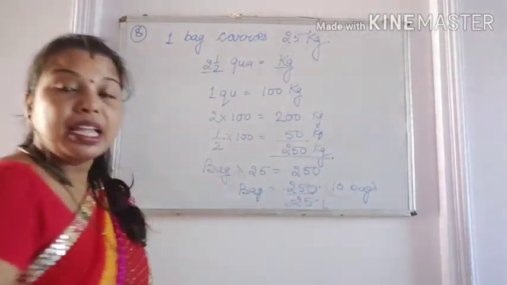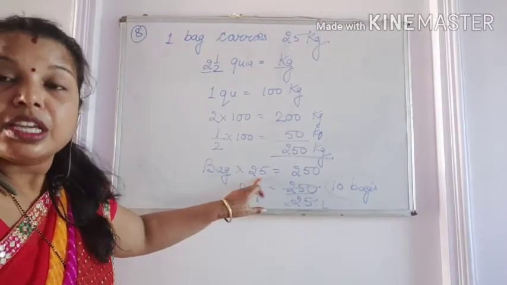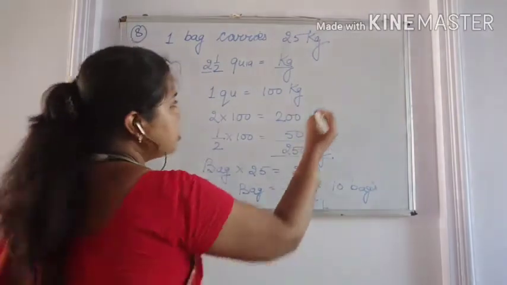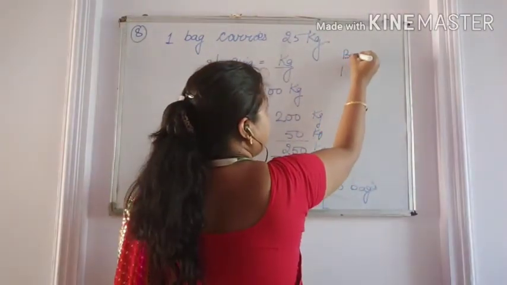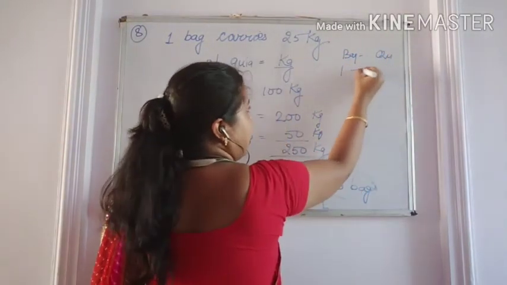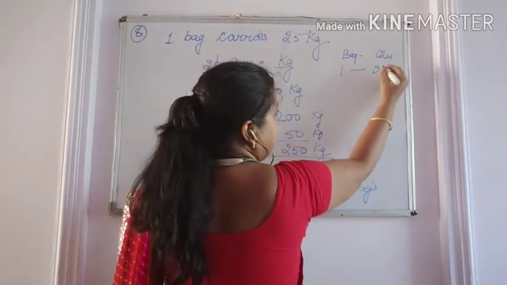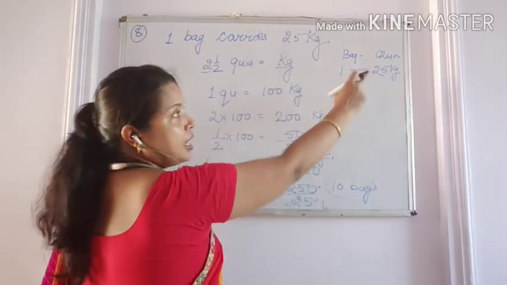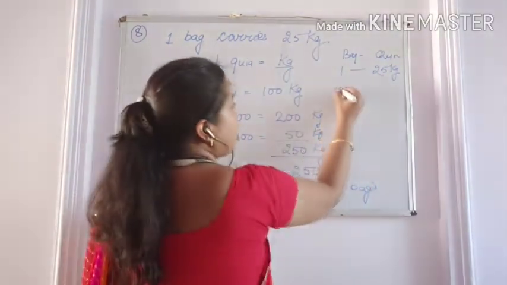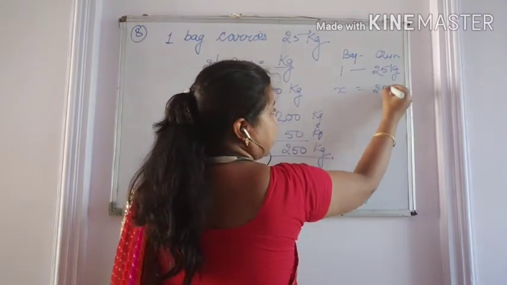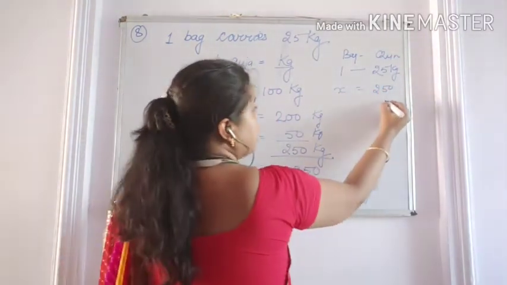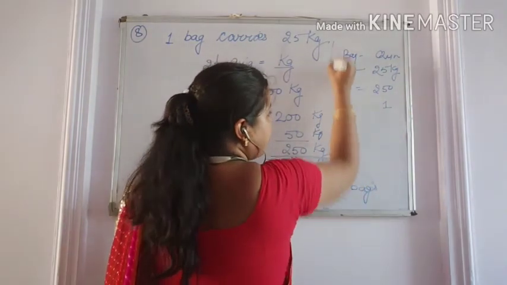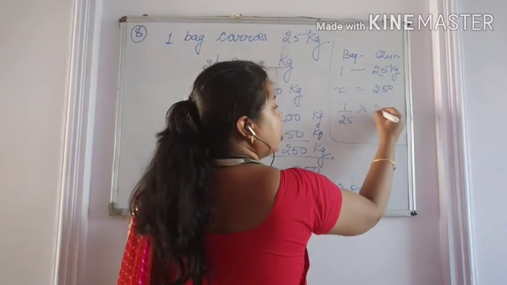अब वो कह रहा है कि एक बैग में 25 आते हैं. ऐसे कितने बैग चाहिए हमको जिसमें 250 kg है? आप इसको एक तरीके से और कर सकते हो. जैसे आप यहाँ बैग रखोगे, यहाँ क्विंटल रखा, एक बैग में 25 kg आता है. तो how much bags carry 250? तो आप इसको कैसे निकालोगे? 1 बैग इक्वल्स टू 25, देन 250 divided by 25.